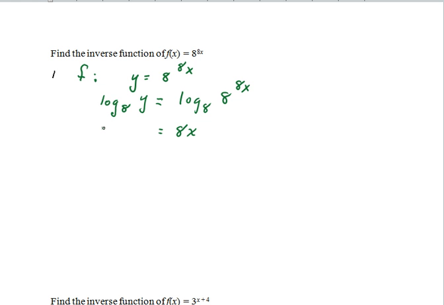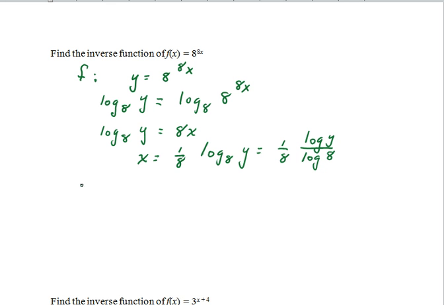And so we have the log base 8 of y equals 8x, or x equals 1/8 times the log base 8 of y, which I'll write using the change of base formula as 1/8 times log y divided by log 8.